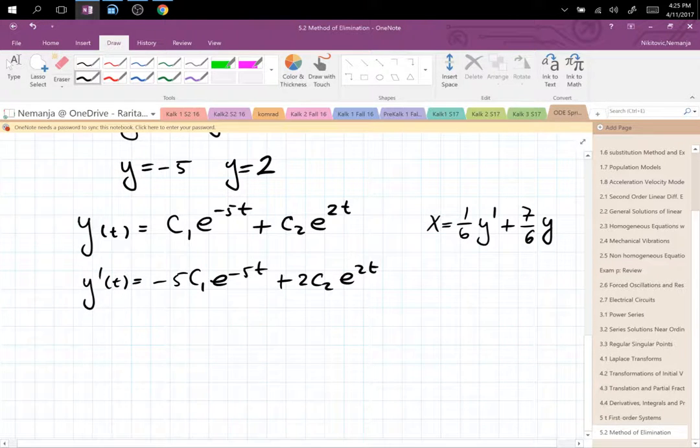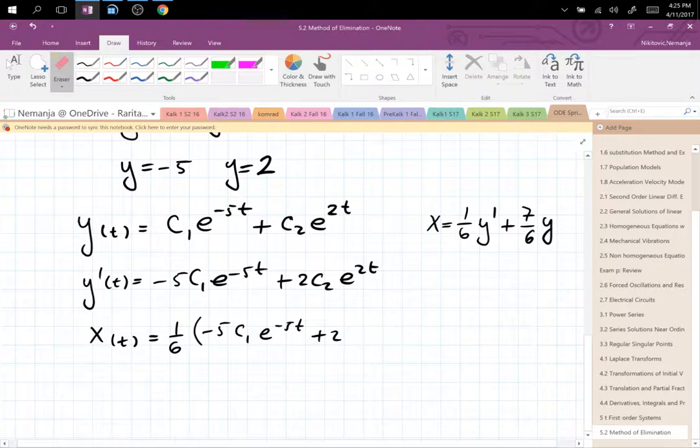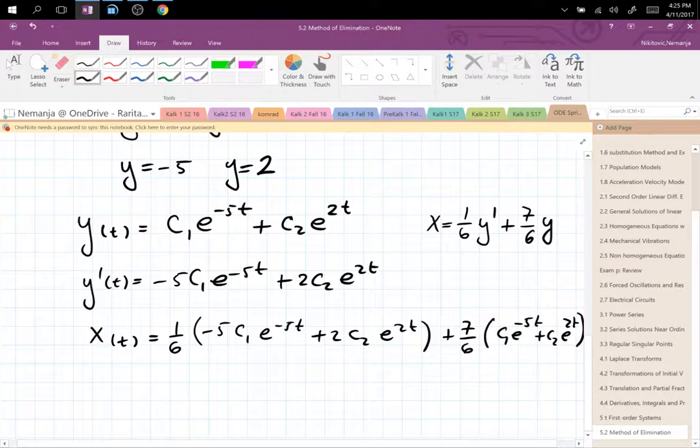And we plug that here, and it's equal to 1 over 6 times (negative 5c1 e to the minus 5t plus 2c2 e to the 2t) plus 7 over 6 times (c1 e to the negative 5t plus c2 e to the 2t). Clearly, right? And all we need to do now is collect like terms, and we have our x of t.